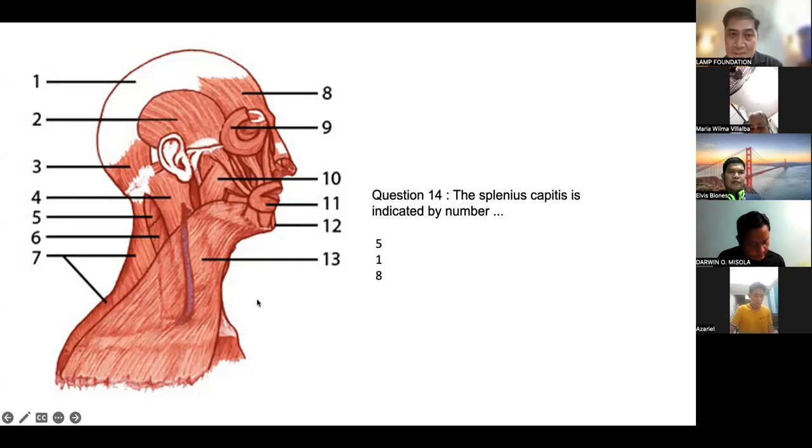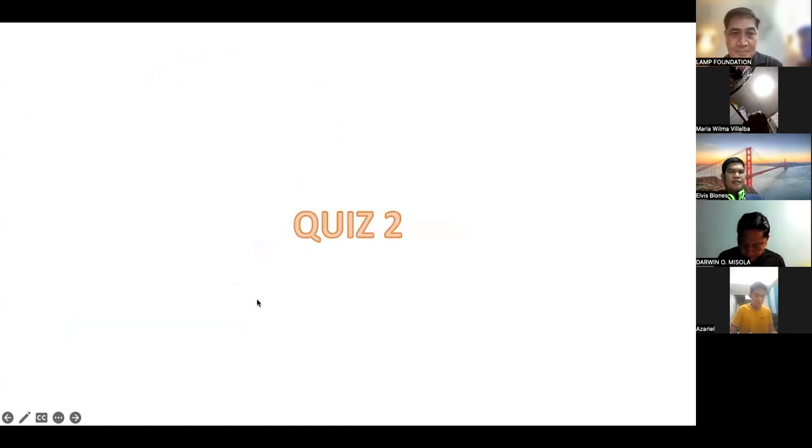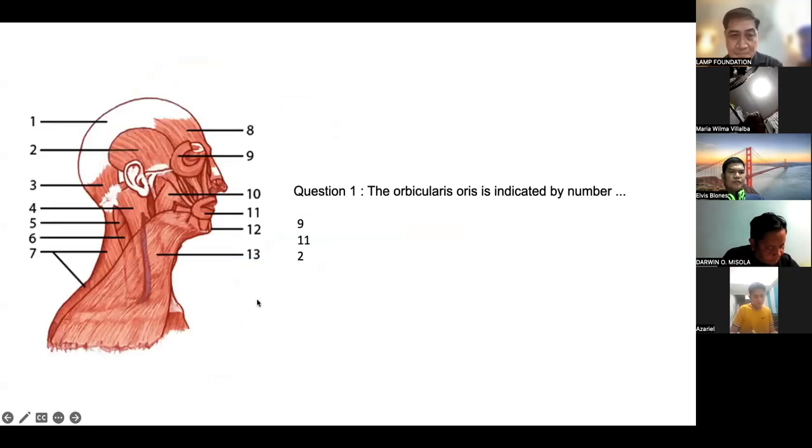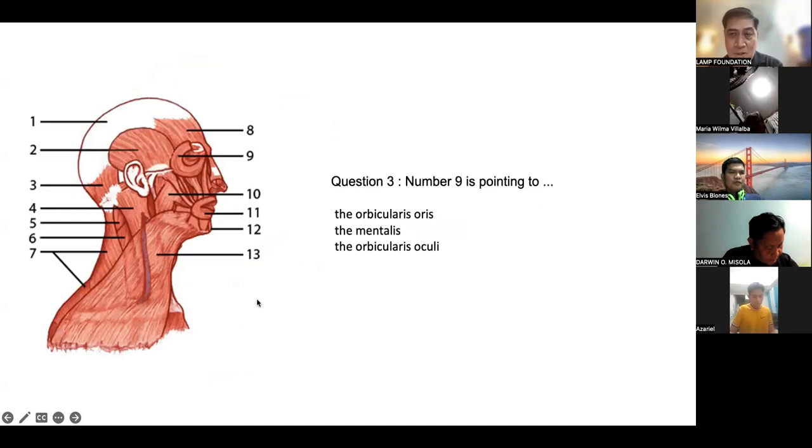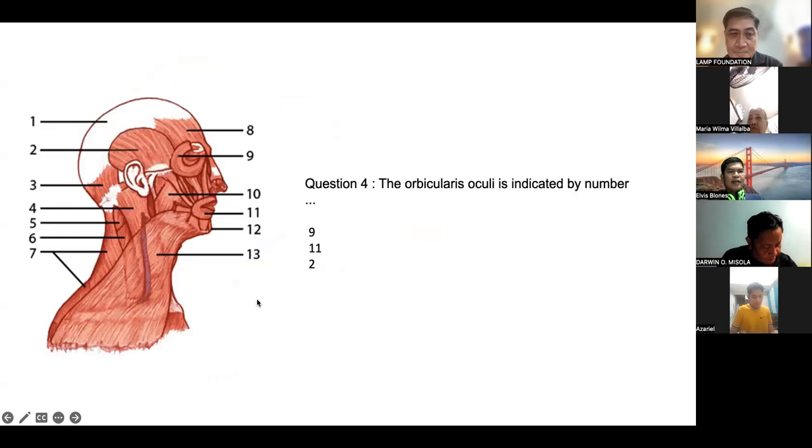The splenius capitis is indicated by number? Number 5. Number 12 is pointing to? The mentalis. The orbicularis oris is indicated by number? Number 11. Number 7 is pointing to? Trapezius. Number 9 is pointing to? Orbicularis oculi. The orbicularis oculi is indicated by number? Number 9.